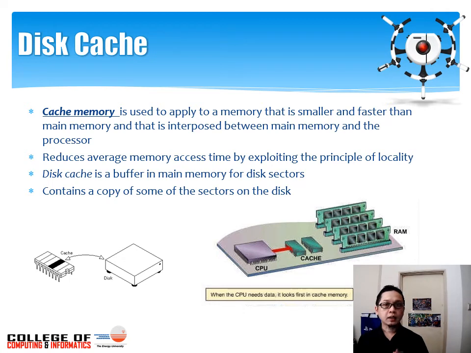So basically, the disk cache is a buffer in the main memory for the disk sector. It contains some of the information needed when you are copying and moving data between locations from the I/O device to the main memory. So inside the main memory, we also have these memory buffers to help during the transportation of data.